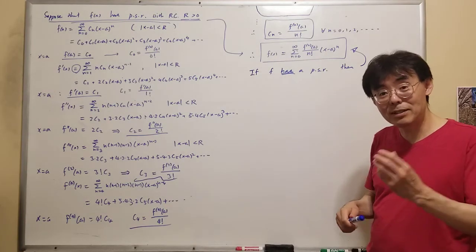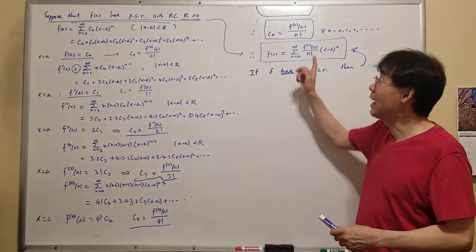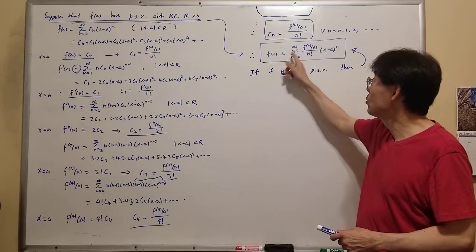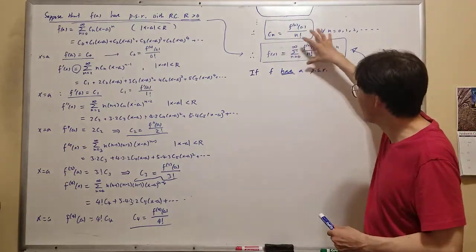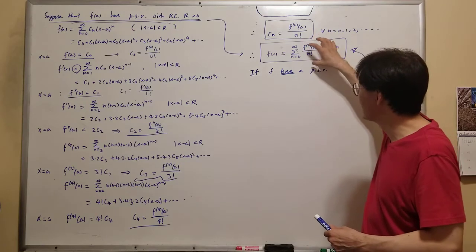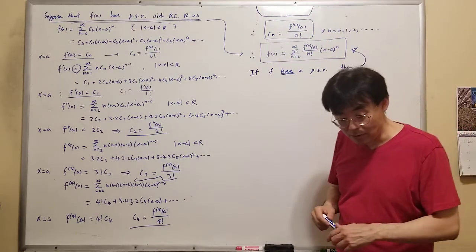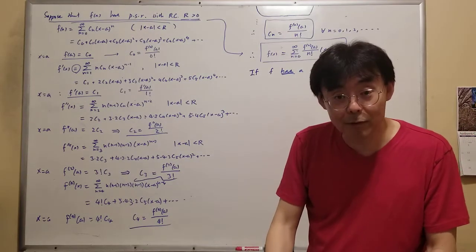Okay? So that means that function cannot have a power series representation, because if it had, then it should have been equal to its power series representation. The Taylor series must have been equal to f of x. All right? So that's the example I gave you at the bottom of the second page.